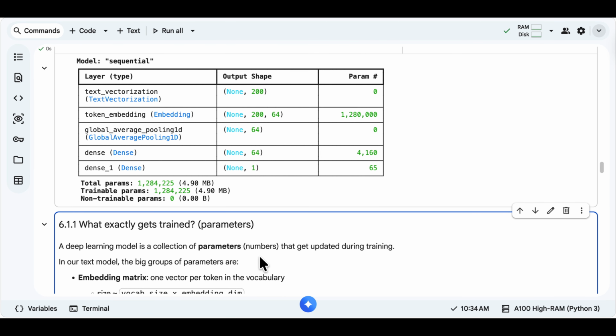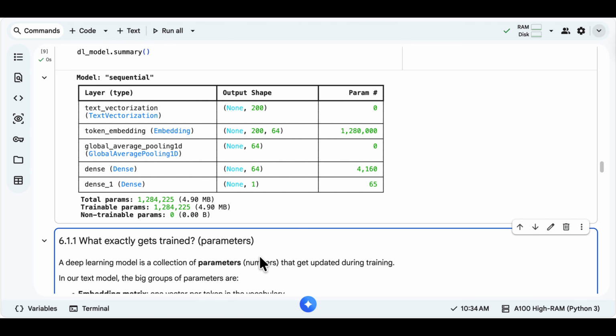A hidden dense layer with ReLU learns a better combination of features, and the final sigmoid outputs the probability of positive sentiment. The model summary shows about 1.28 million trainable parameters. Most of the apparent complexity comes from the embedding table, not from the classifier head. The model is then compiled with the Adam optimizer, binary cross-entropy loss, and accuracy as a metric.